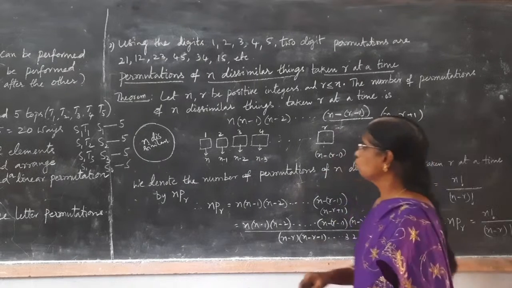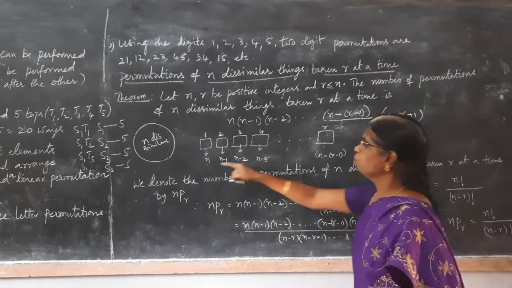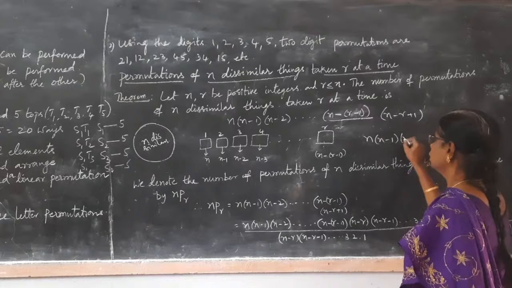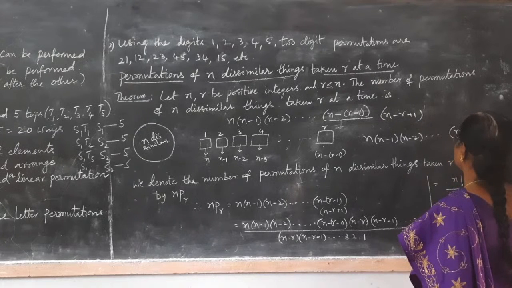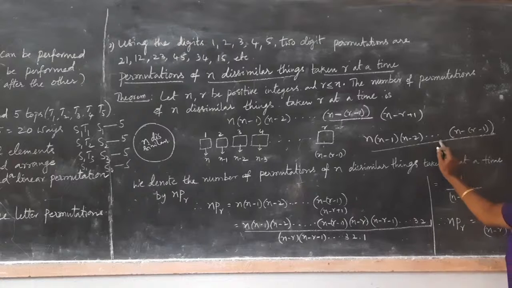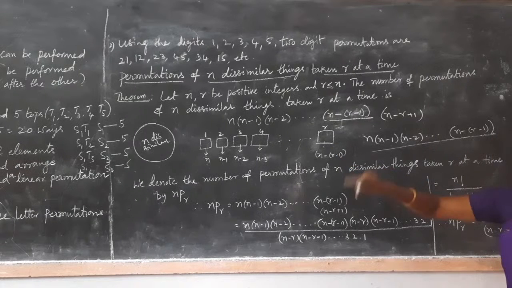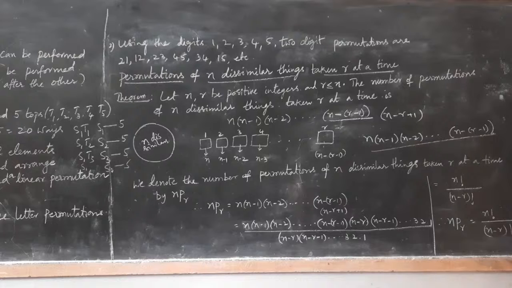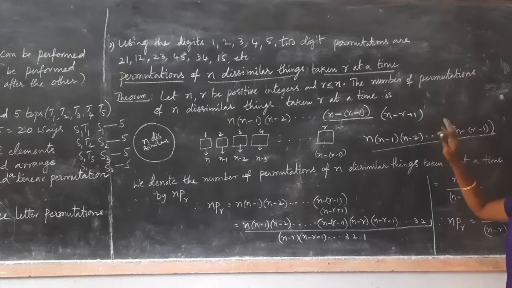So that is the total work. అందుకని ఇక్కడ వచ్చింది చూడండి. మొత్తం అన్ని మల్టిప్లై చేయండి, n into n minus 1 into n minus 2 and so on. So this is the number of permutations of n dissimilar things taken r at a time. Once again, this is the number of ways of filling r blank places using n dissimilar things, which is the same as the number of permutations of n dissimilar things taken r at a time.